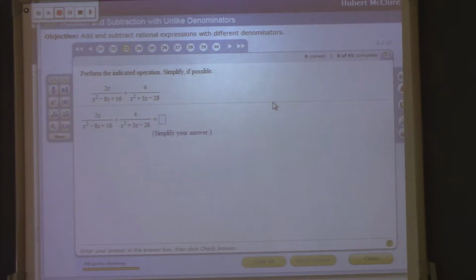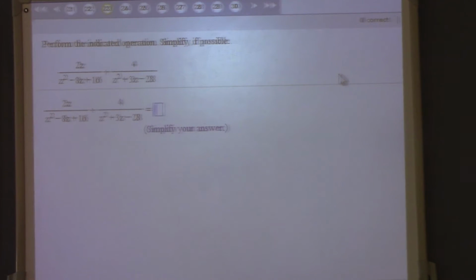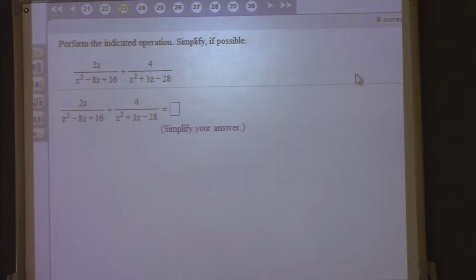All right, try that one. Blow it up a little bit. Two z over z squared minus 8z plus 16 plus 4 over z squared plus 3z minus 28.